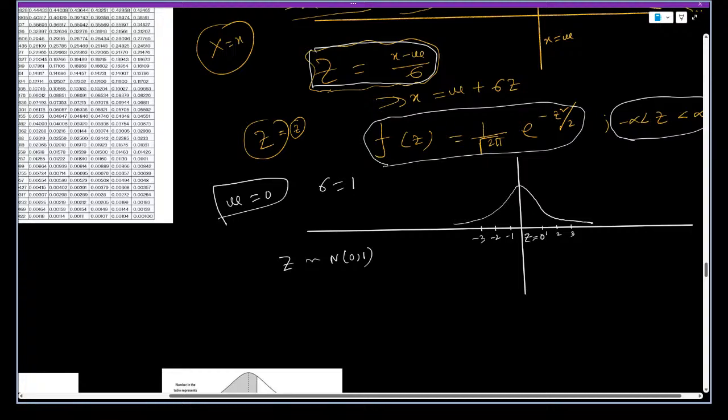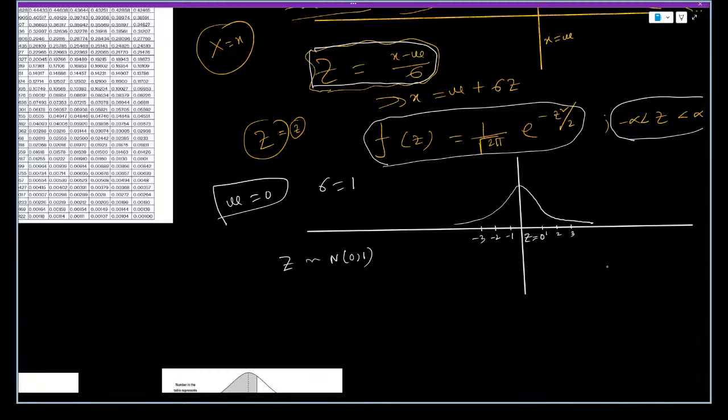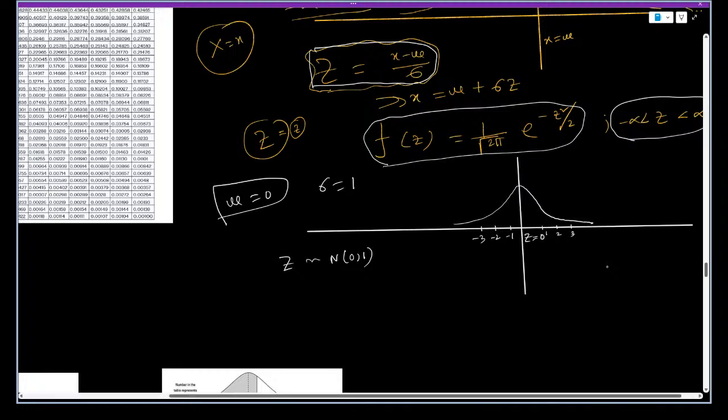Okay. Suppose you are asked to find the probability between these two coordinates, 1 and 2. That will be represented by the area between 1 and 2. But before that, I need to say what is the area under the standard normal distribution curve.